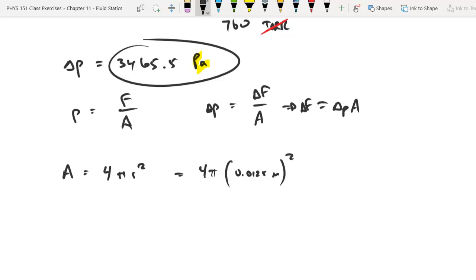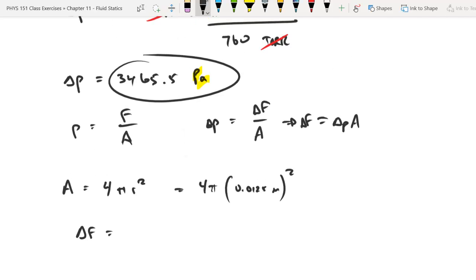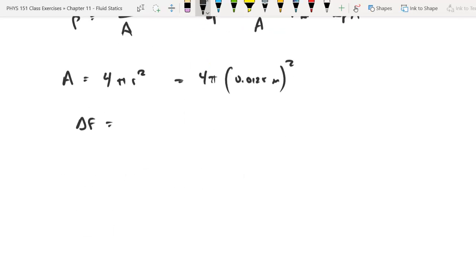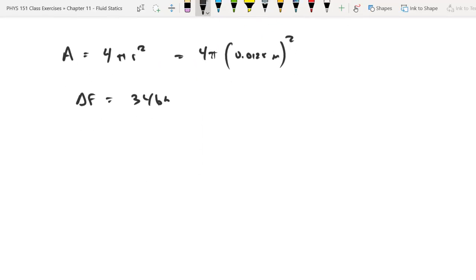So there's our area. And so this change in force is going to be this change in pressure, 3,465 and a half newtons per meter squared, times 4 pi times 0.0125 meters squared.